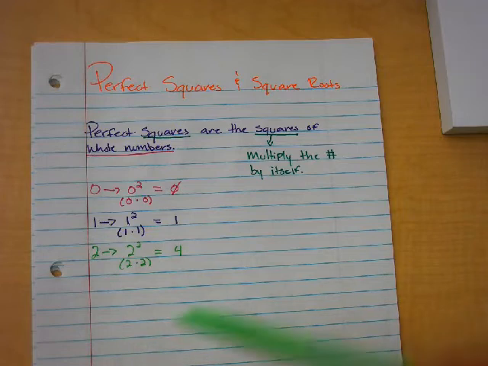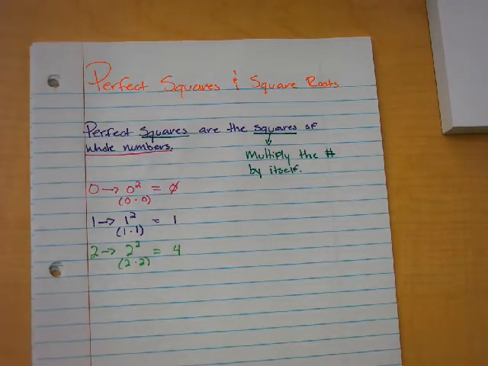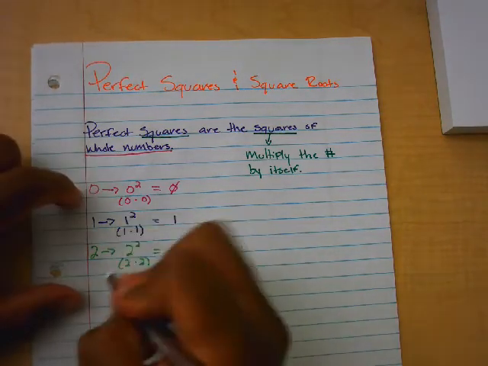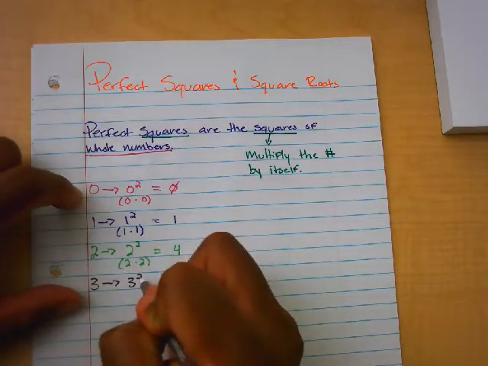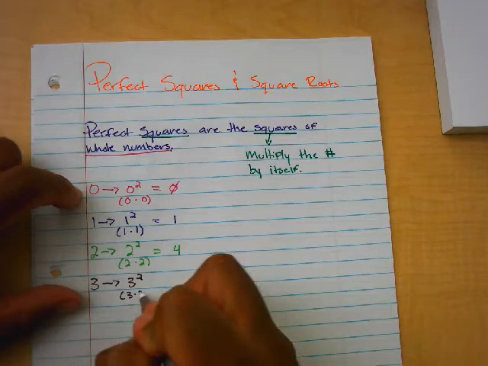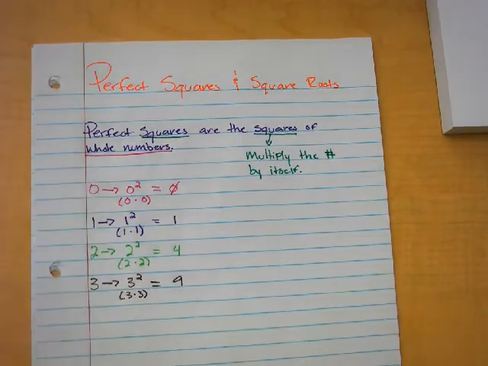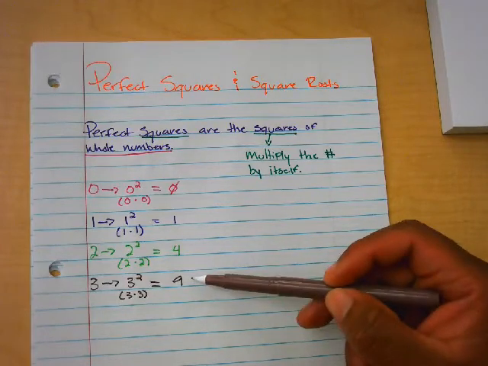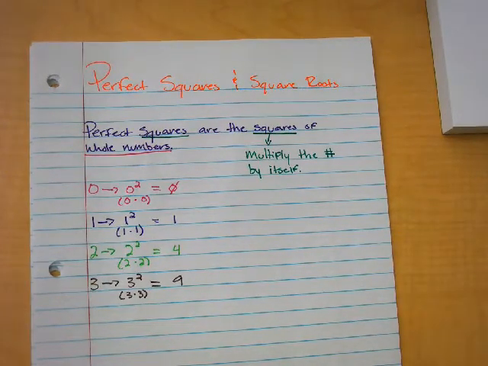And if you notice, all these numbers are whole numbers. Next up, let's have 3. What is 3 squared? Well, we do 3 times 3, and that gives you 9. And again, 9 is still a whole number, so 9 is a perfect square.